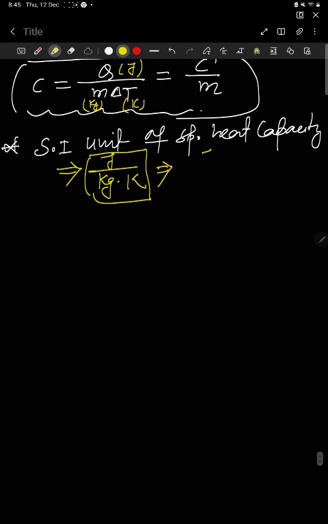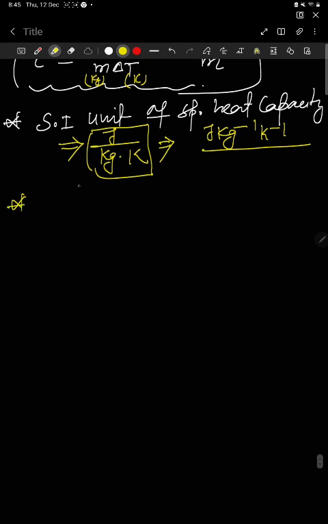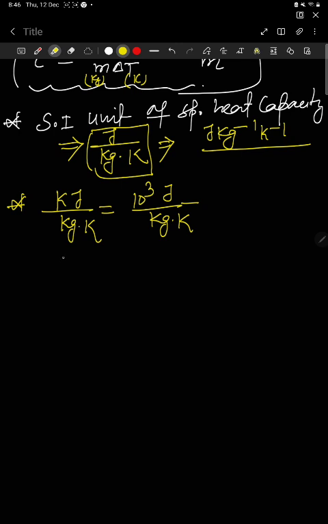It can also be written as joule per kg per Kelvin. Sometimes they will give it in the form of kilojoule per kg per Kelvin, so it can be written as 10 to the power 3 joule per kg per Kelvin. They can also write its unit as joule per kg per degree Celsius. This is also a unit of specific heat capacity, but if they ask the SI unit of specific heat capacity, then you have to write joule per kg per Kelvin.